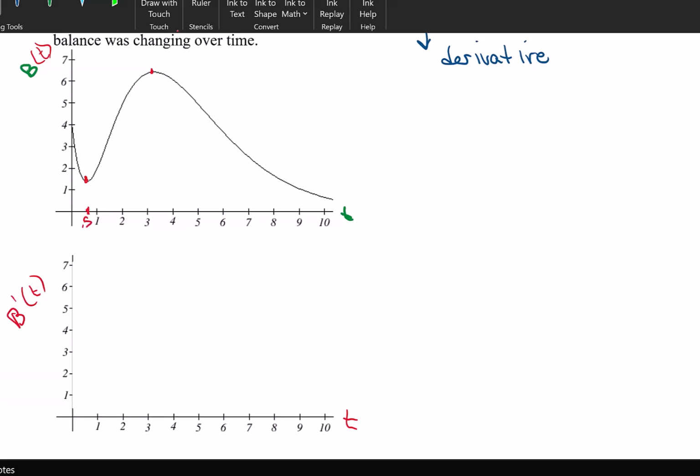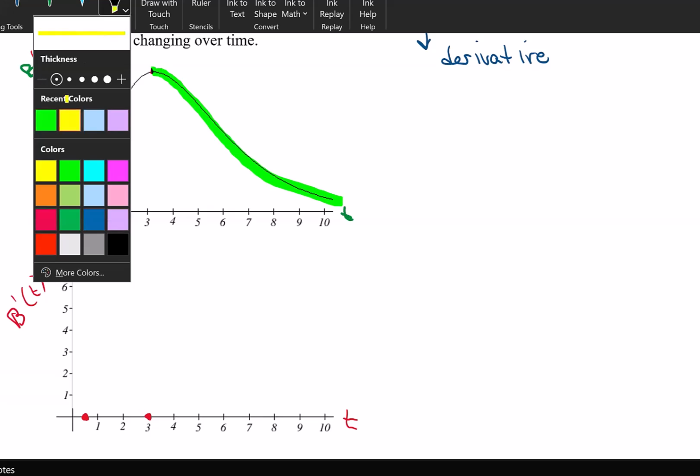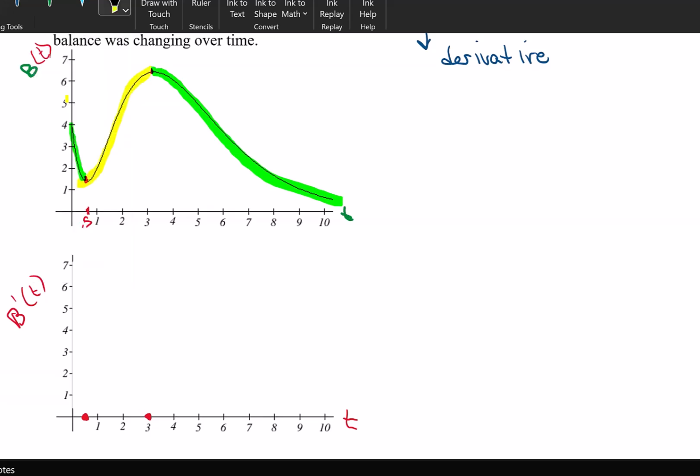And that looks like 3. So that means I have a 0 at 0.5 for my derivative, and a 0 at 3 for my derivative. Now, let's talk about the different intervals, because it's decreasing here and decreasing here and increasing only right here.